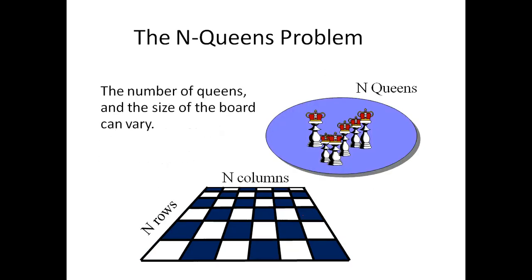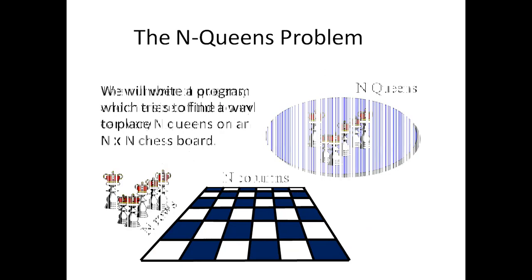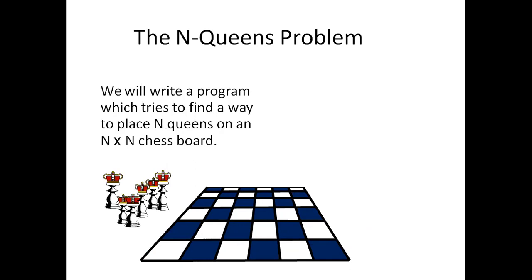The number of queens and the size of the board may vary; it may be a 4x4 chessboard or an 8x8 chessboard. Now let's see how to write the program to find a way to place N queens on an N cross N chessboard.